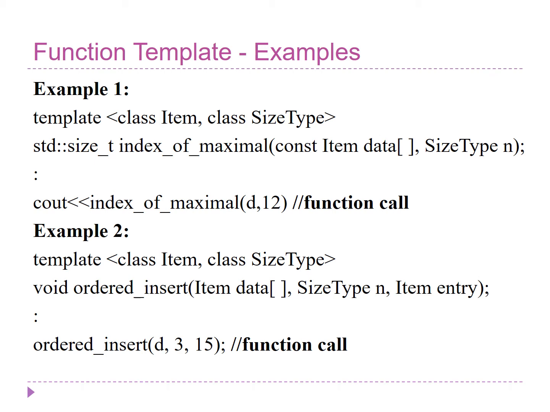We have defined a function template ordered_insert which receives three arguments, data array, n and entry, of type item, size type and item respectively. The function call ordered_insert d, 3, 15 determines the data type of the arguments during the function call.